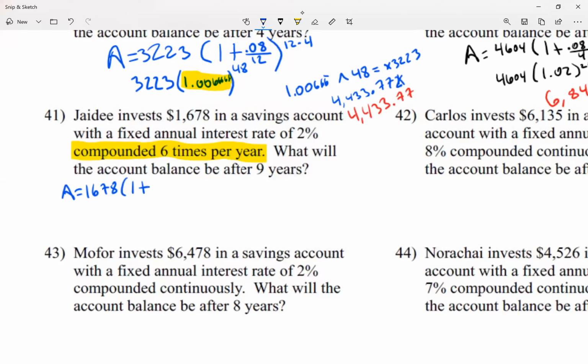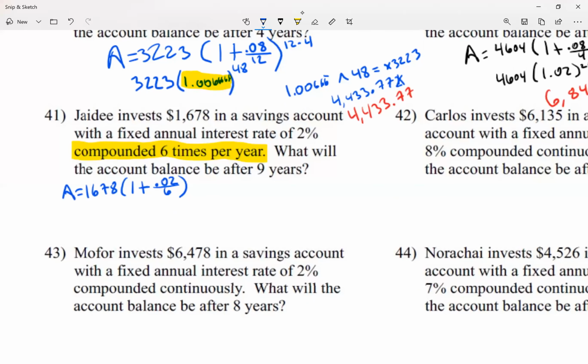Remember, I have to do a fraction. Rate divided by n. R is the rate. N is how many times it gets compounded per year. I see that the savings account with a fixed annual interest rate of 2%. So let me write my 2% as 0.02 over 6.